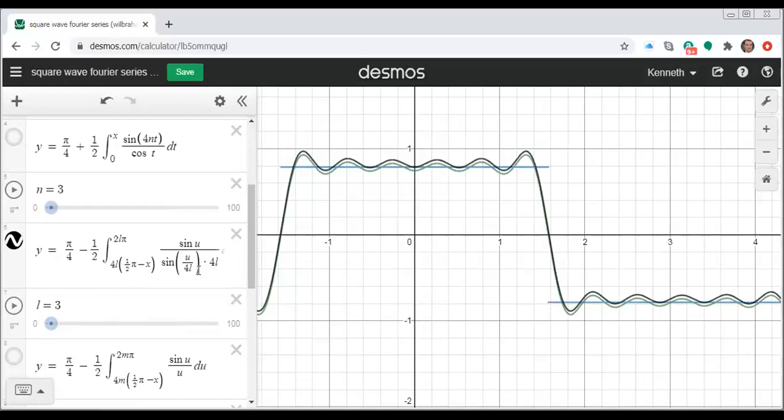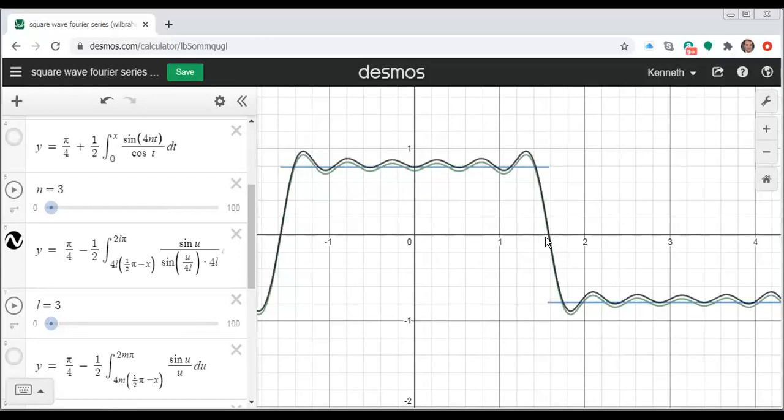The next step that Wilbraham does is he says, look, if you are in a very small neighborhood of pi over 2, which I'm mousing over right now, regardless of what n is, you let n get bigger and these functions will change and become better and better approximations.